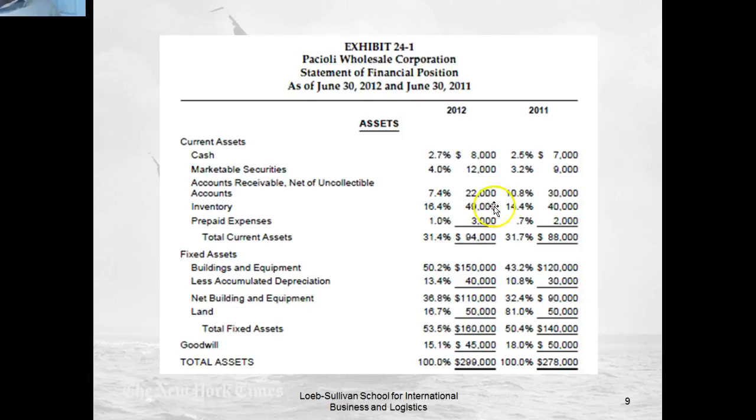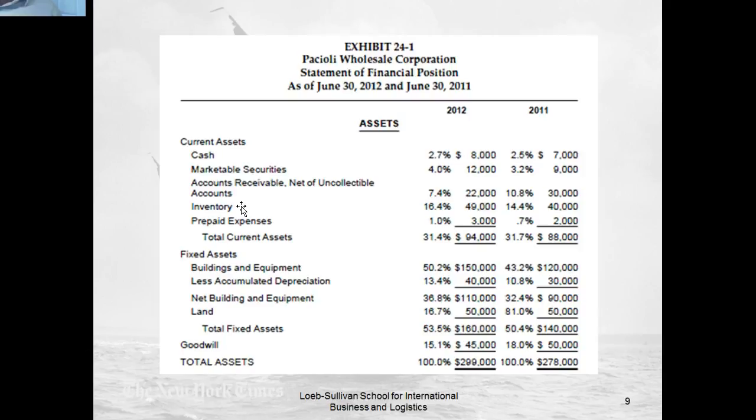And then our inventory increased pretty dramatically, almost 20%, from 14.4 to 16.4% of assets. That's a pretty big change. Unless our sales are also increasing, we have to look at sales as well. And in your chapter, you're seeing the inventory turnover ratio, a really important ratio for logistics students.